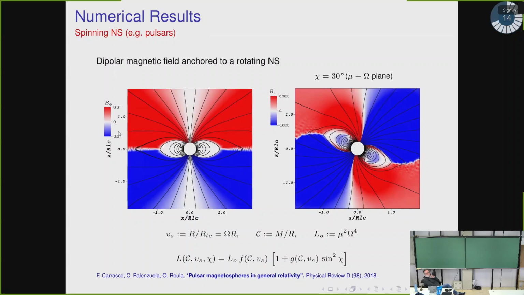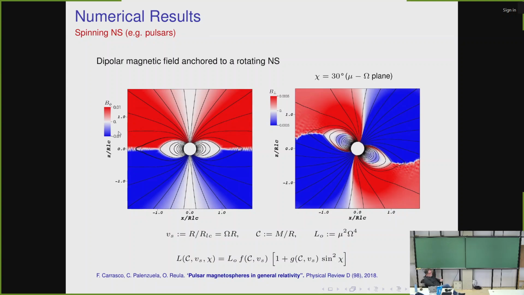So I will briefly discuss some of the main numerical results during these years after my PhD. Once we incorporated the boundary conditions for the neutron star, we started looking at the pulsar solution as a good starting point.